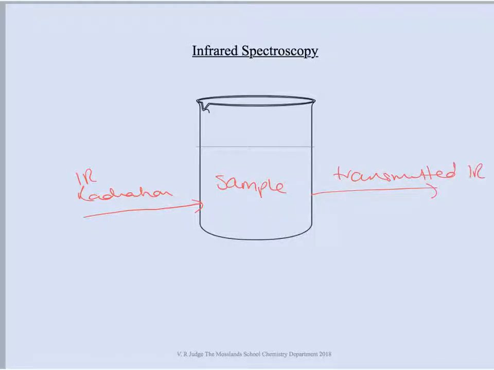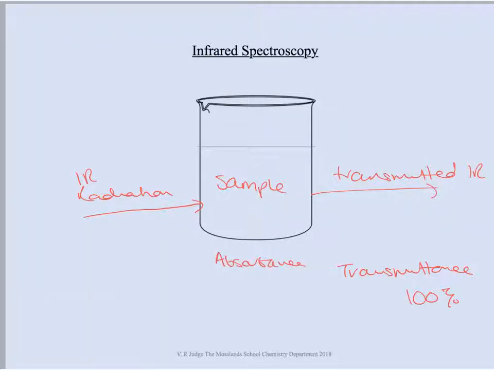Now if all of the infrared that went through that sample was transmitted, you'd get a transmittance of 100%. However, we know that if we've got some covalent compounds in there, that the covalent bonds in there will absorb some types of infrared radiation, so you also get some absorbances as well.